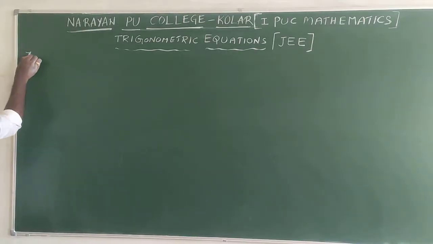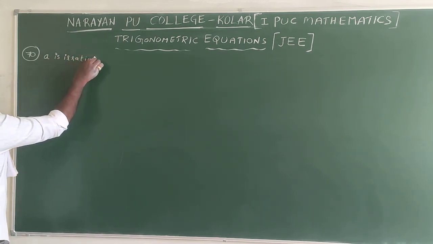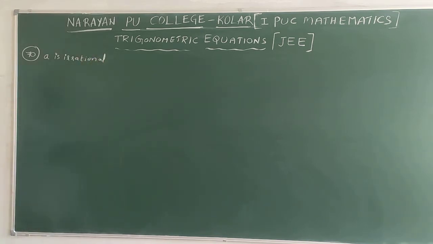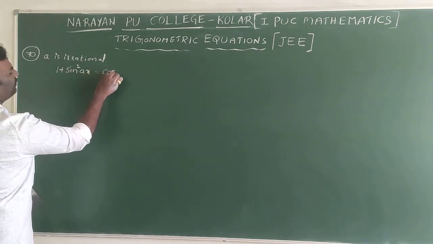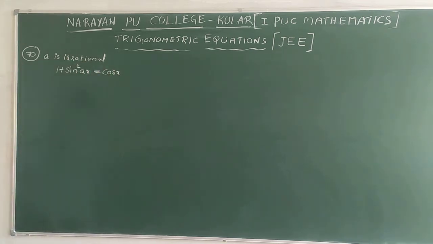Next, question number 70. A is an irrational number. Then find the number of real roots of the equation 1 plus sin square ax is equal to cos x. So we need to find the number of real roots.